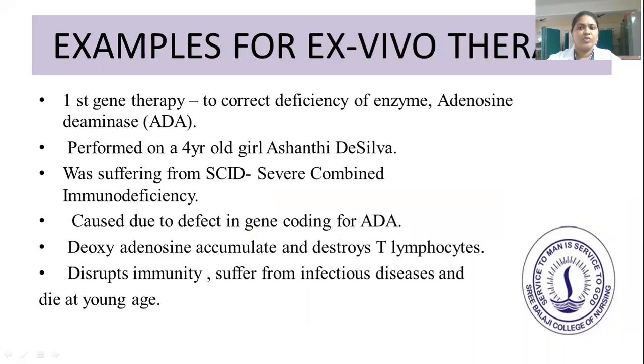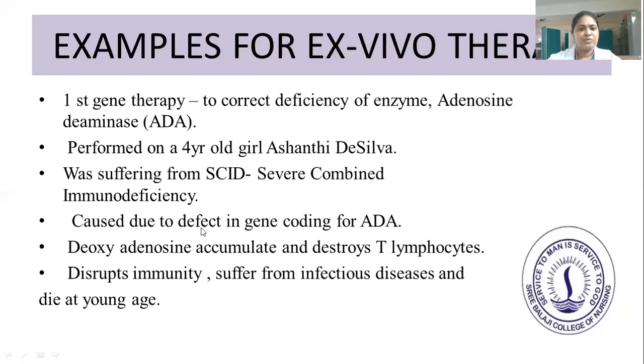An example of ex vivo therapy is the first gene therapy to correct the deficiency of the enzyme adenosine deaminase, which was performed on the 4-year-old girl Ashanti DeSilva, who was suffering from severe combined immunodeficiency disease.